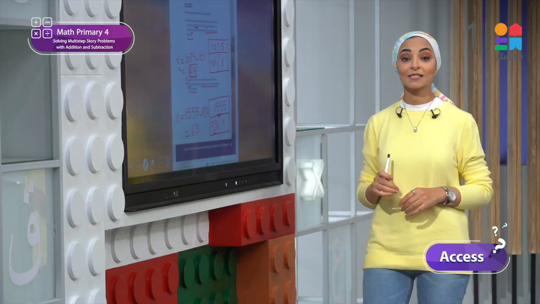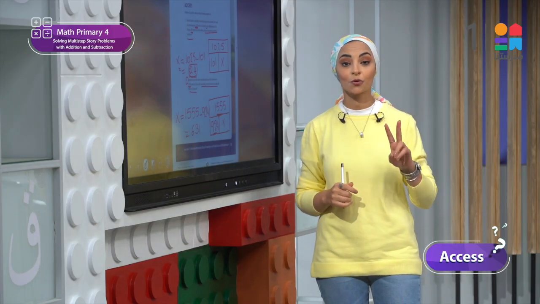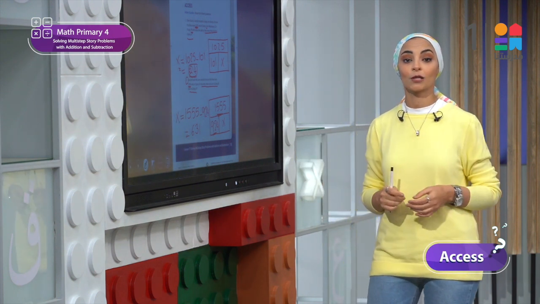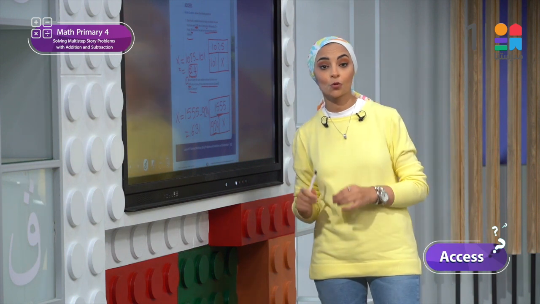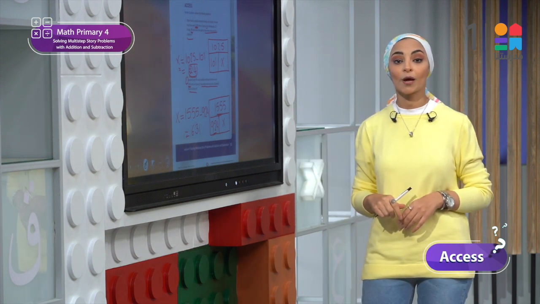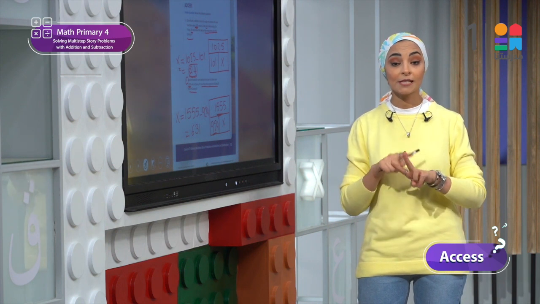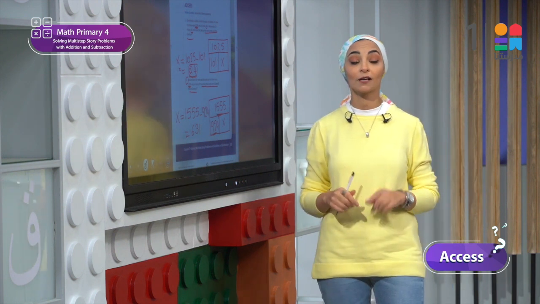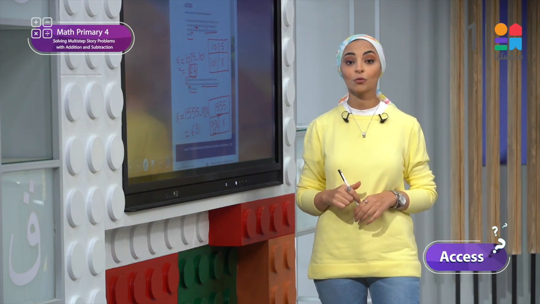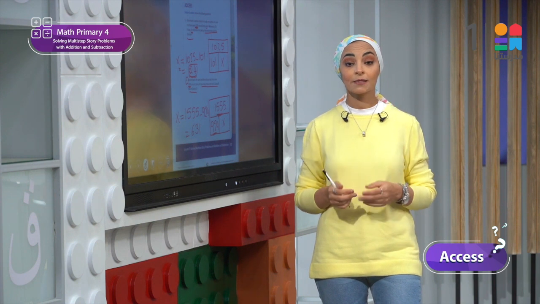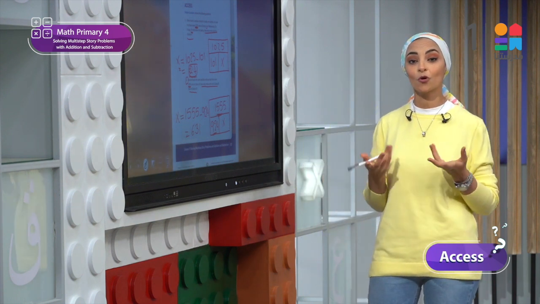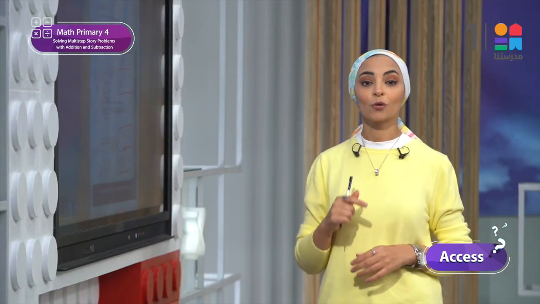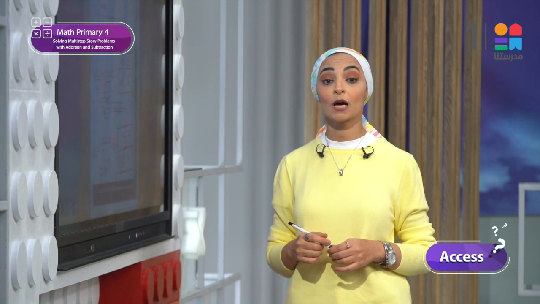As you have just seen, some story problems are two-story problems. Two-story problems put together, we call a multi-step story problem, because we need to answer more than one question. The first question is about the number of ants in colony A. The second question is about how many more ants are in colony B than colony A. Do you think we can answer the second question without answering the first?